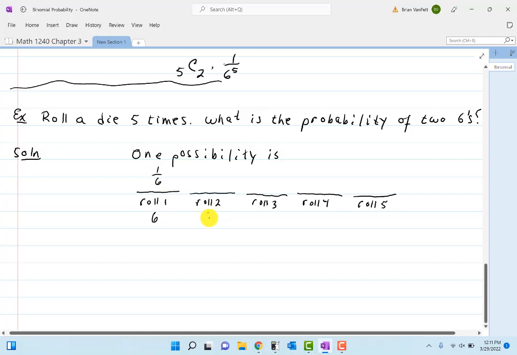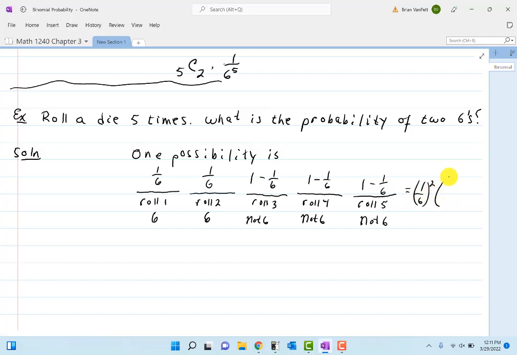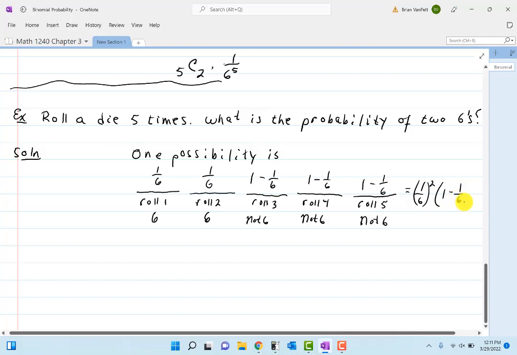Now roll 2, let's say it's also a 6. Probability of that is 1 out of 6. Now the other ones all have to be not 6s. So let's just say not 6. Well, the probability of something not being 6 then is 1 minus 1/6. So what we get then is 1/6 raised to the 2nd power times 1 minus 1/6 to the 3rd power.